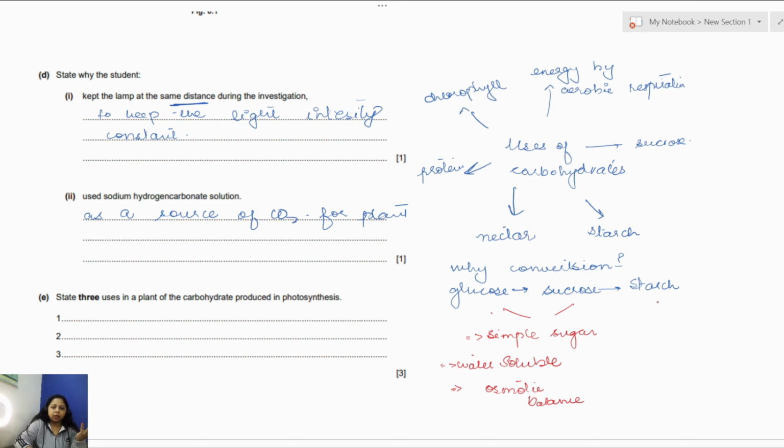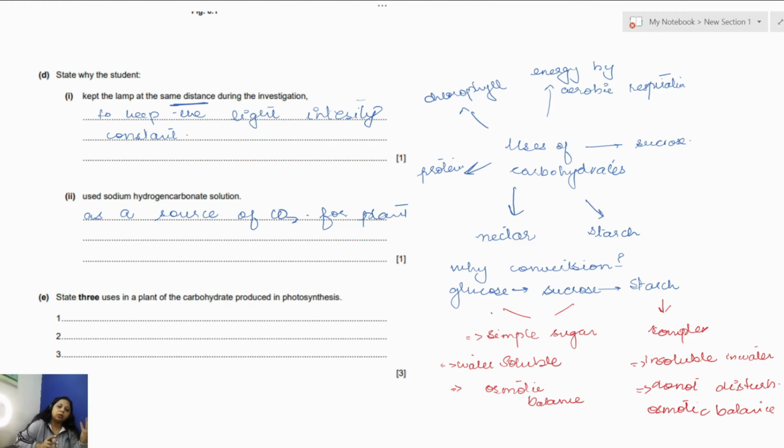Why does it store as starch? Starch is a complex sugar, insoluble in water, so it won't disturb the water balance or the osmotic balance. We have to use the word osmotic, related to water, related to osmosis.